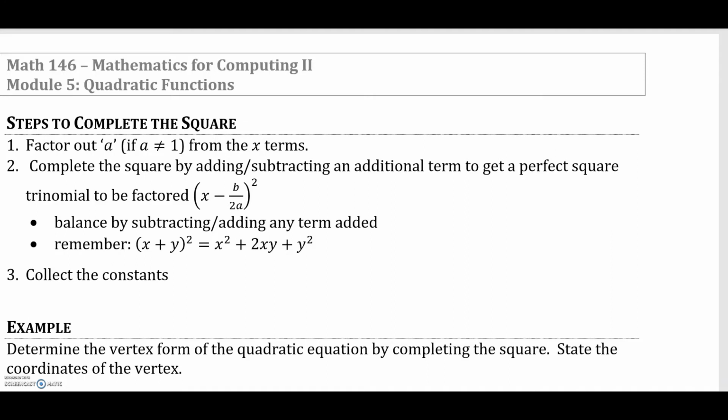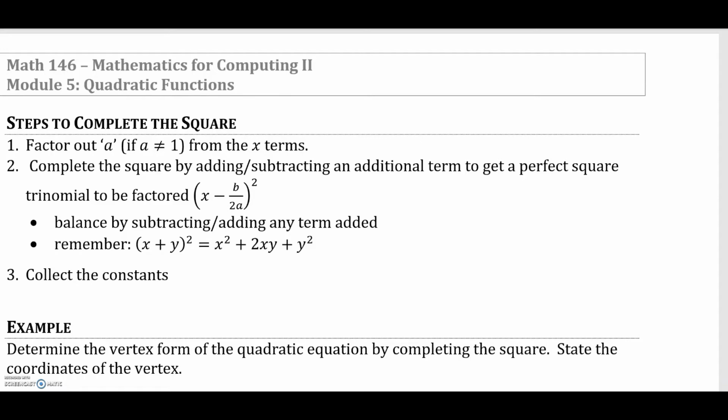Step 2 is to determine an additional term that we need to add or subtract from our given equation in order to make a perfect square trinomial, which can be factored as (x − b/2a)². But we can't just arbitrarily add something to our equation. We must also subtract it, or balance the equation, in order to leave the equation as it originally was.